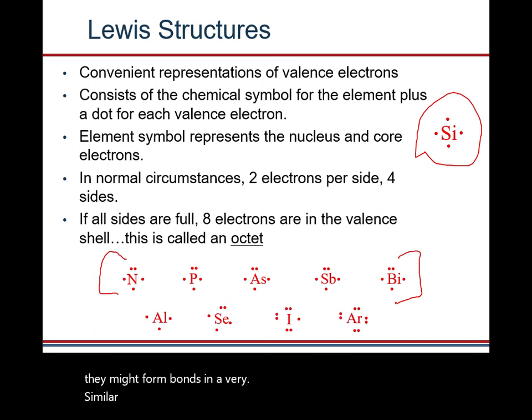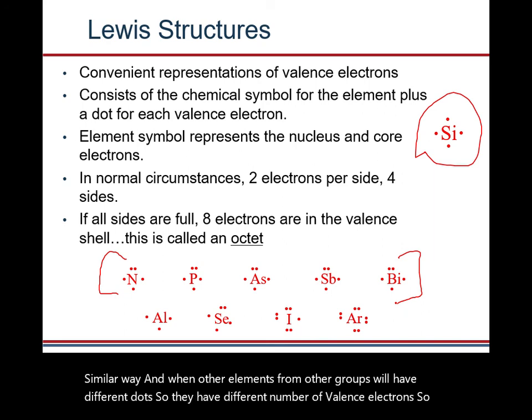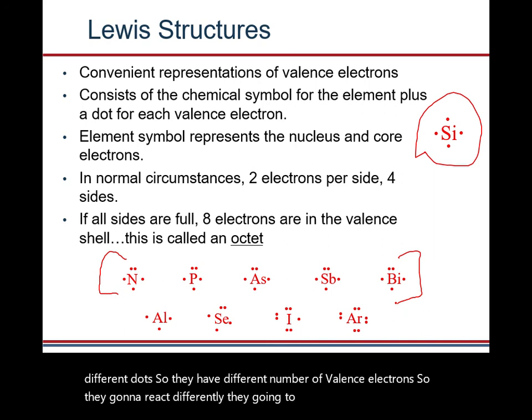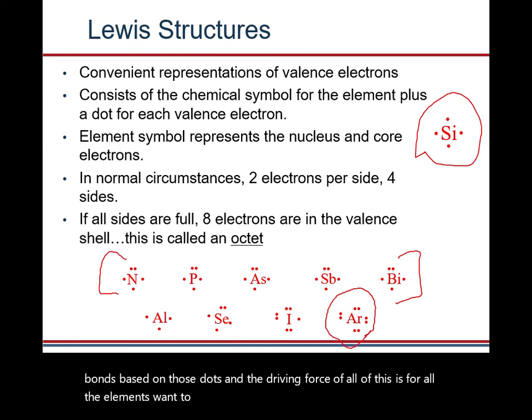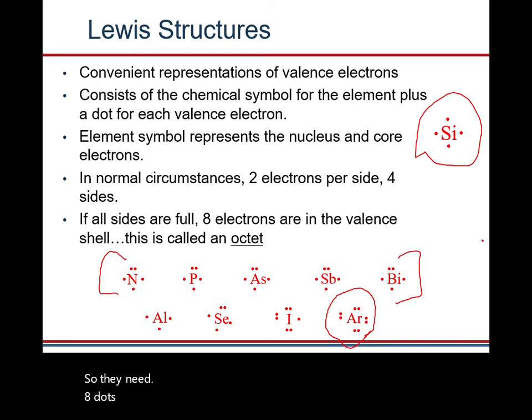Elements from other groups will have different numbers of dots, so they have different numbers of valence electrons, and they're going to react differently. They're going to form different numbers of bonds based on those dots. And the driving force of all of this is that all the elements want to attain an electron configuration like the noble gases. So they need 8 dots in their valence shell. That's the driving force, and that's what we're going to look for. All right?